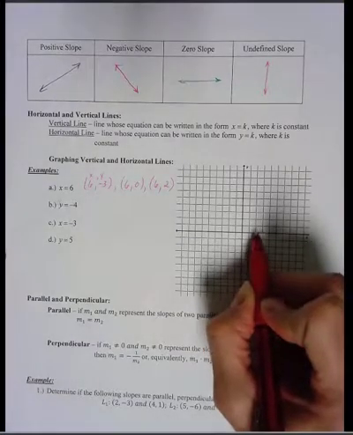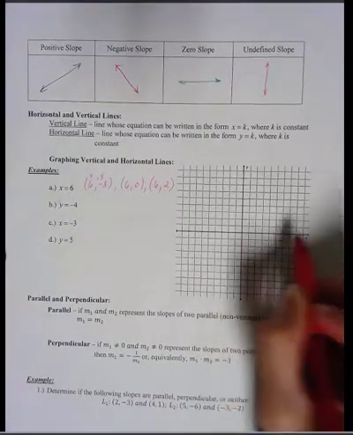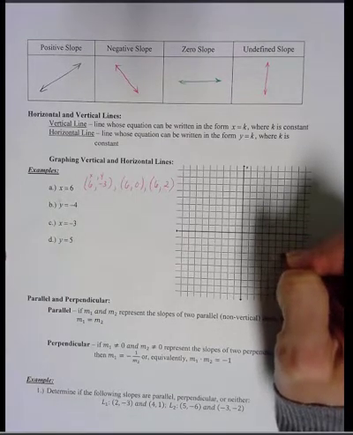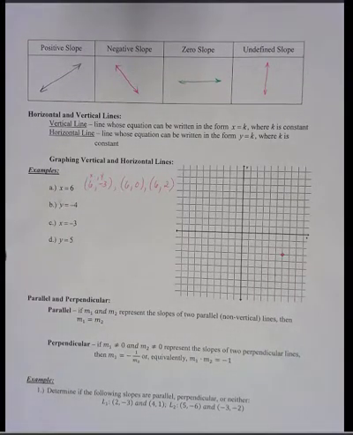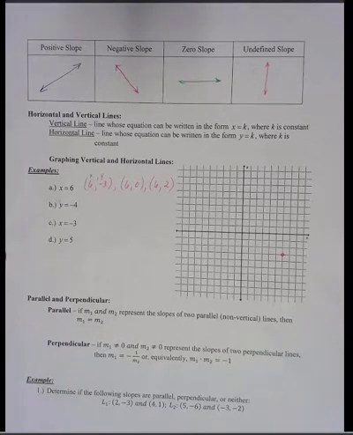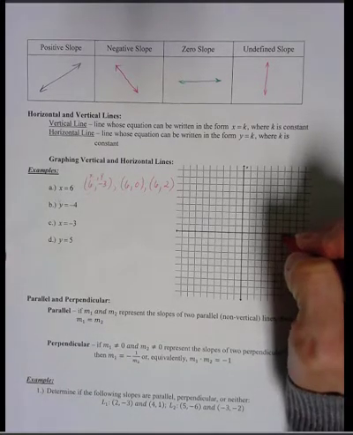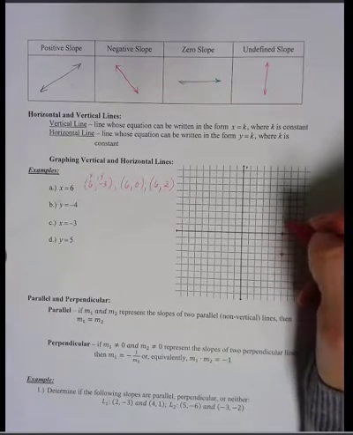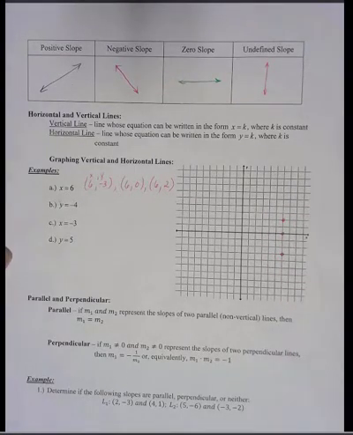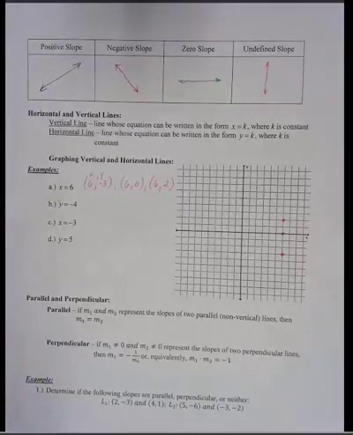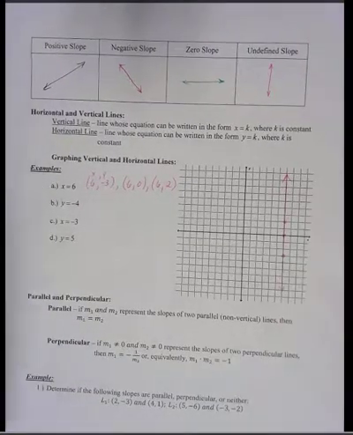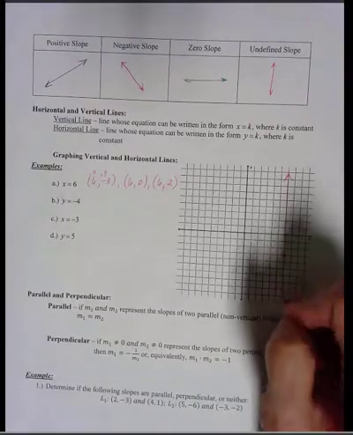That's 1, 2, 3, 4, 5, 6, and then down 3. So there's my first point, 6, -3. Then the next point I have is 6, 0. And then I have another point, 6, 2. That's enough to go ahead and sketch my line. Okay, and then of course we'll go ahead and label that.